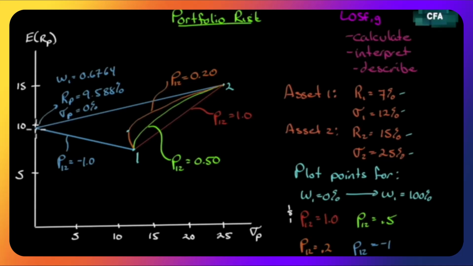So we hit an optimal point here, which I have equal to 0. It's 0.000, the lowest I've been able to get. I haven't quite hit 0 point something, but it's basically 0. And the return is 9.588 if we use a weighting on asset 1 of 0.6764.